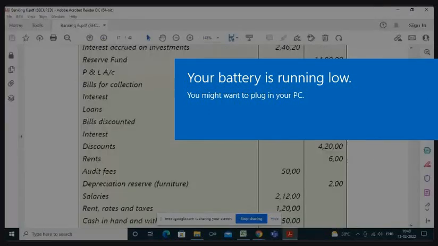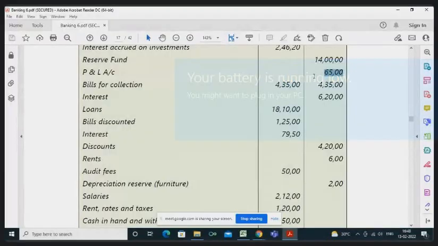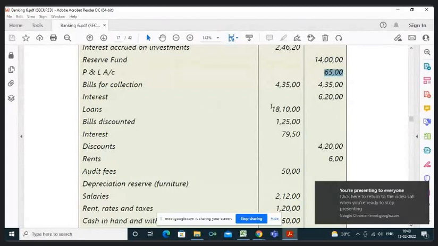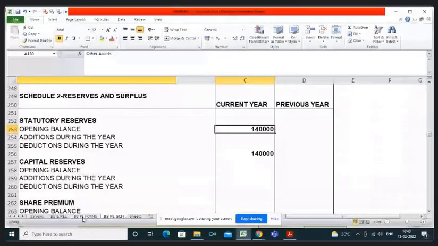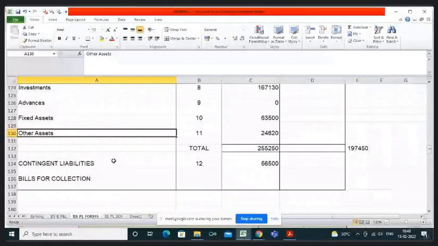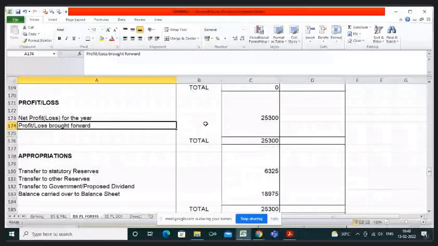So this is the opening balance of statutory reserve as it is given in the trial balance. Then we'll move on to the profit and loss account. With respect to profit and loss account, we will take it to the balance sheet itself. It's the opening balance in profit and loss account, 6,500.